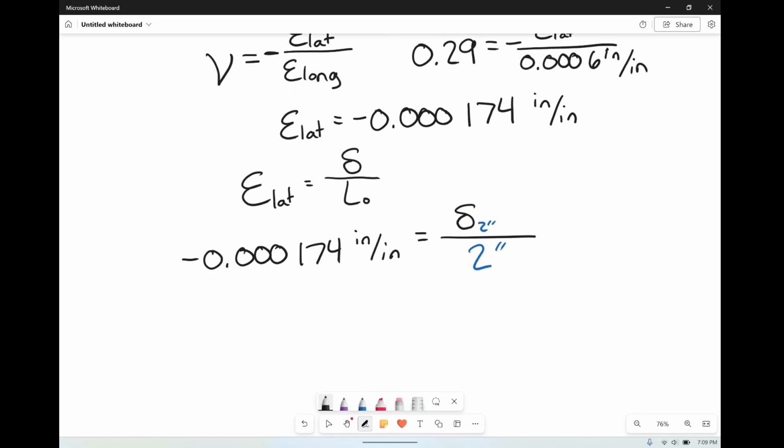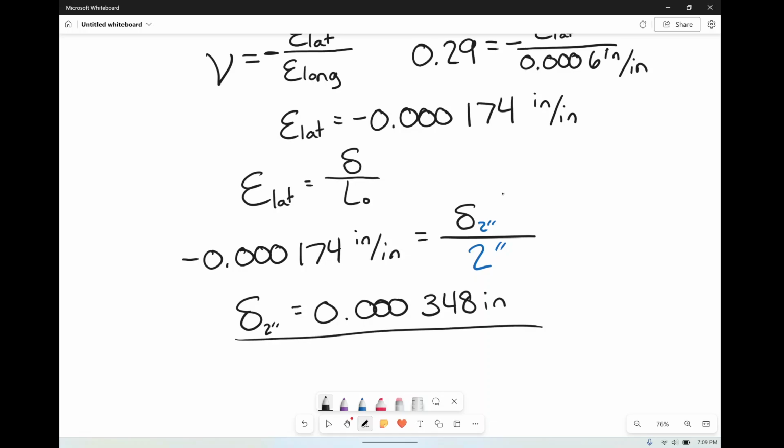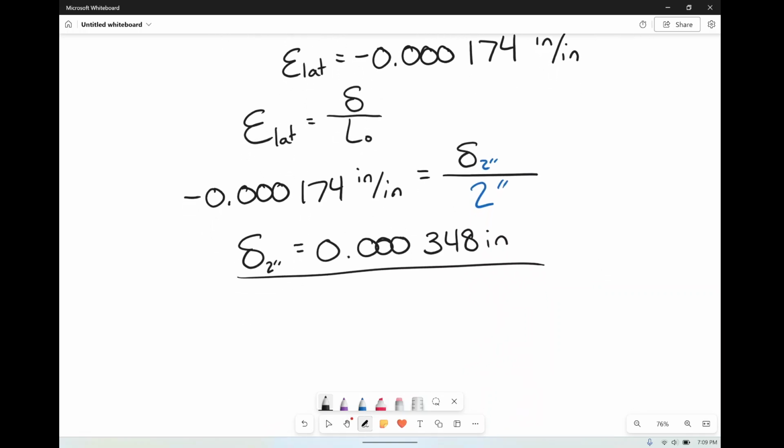We multiply that out, and we're going to get that the deformation in the 2-inch direction is equal to 0.000348 inches. Again, very tiny, not really surprising when you think about it. You shouldn't be seeing any of these strains or any of these changes visibly.